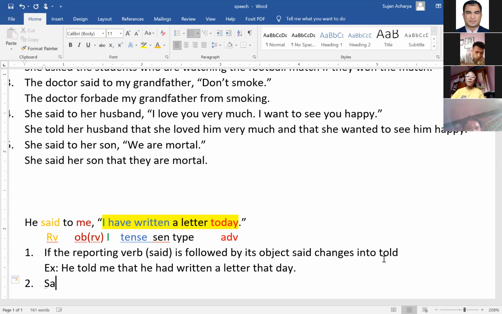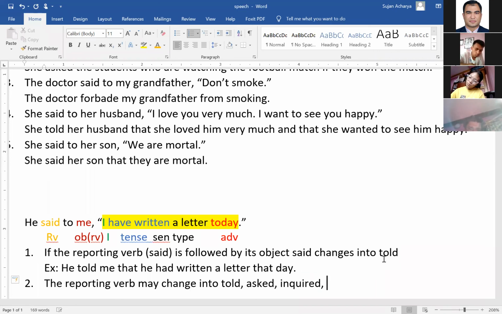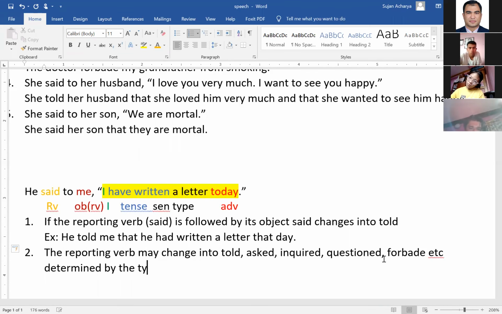Said, the reporting verb, may change into told, asked, inquired, questioned, forbade, etc. Determined by the type of the sentence in direct speech.